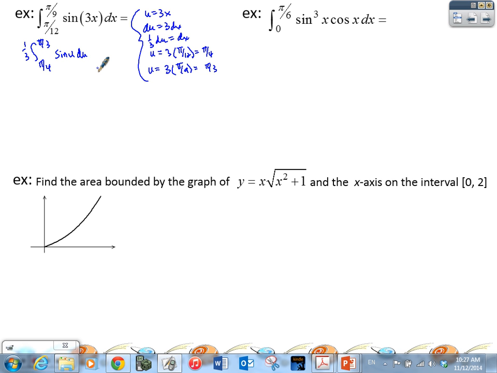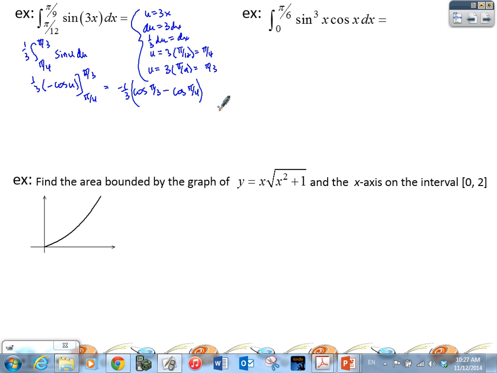A negative cosine. So I have 1/3 times negative cosine u evaluated from pi over 4 to pi over 3. So that's negative 1/3 times cosine of pi over 3 minus cosine of pi over 4. Is everybody okay?